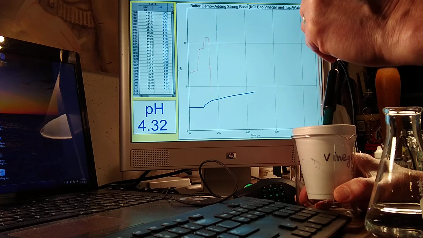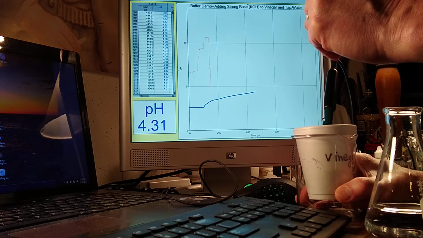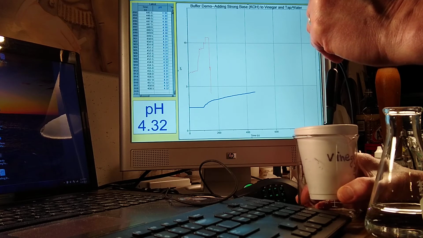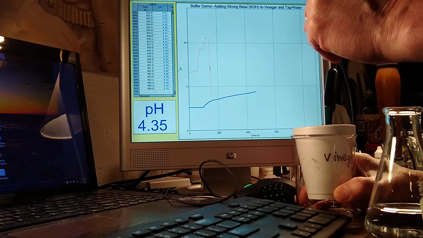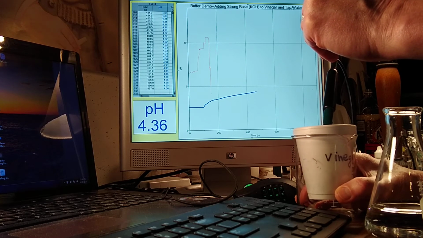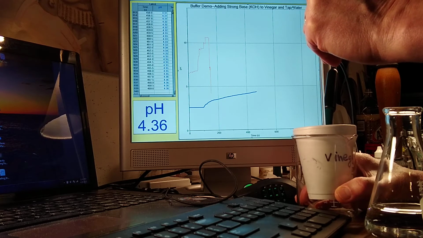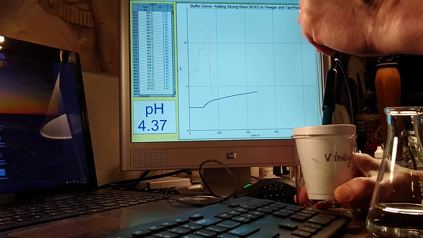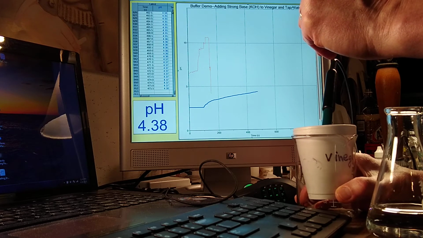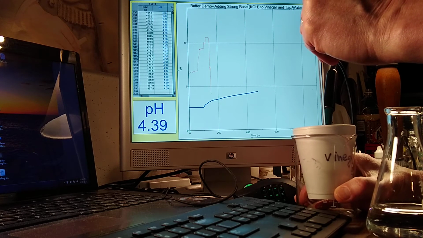I might even have to extend the time that I run this titration. I ran it out to 900 seconds, which is, what is that, 15 minutes. So I'm just going to keep going and filming here. If you want to, you can fast forward and just watch the curve in fast forward speed, to the point at which I'm going through the equivalence point.